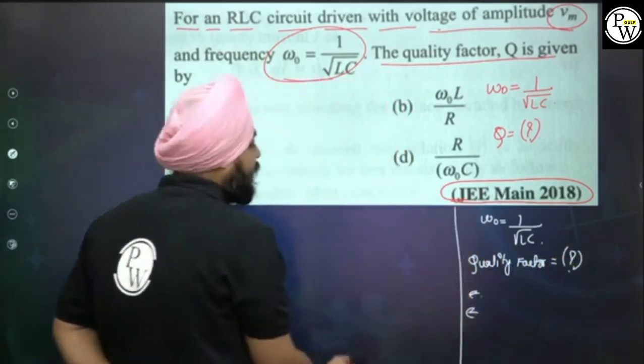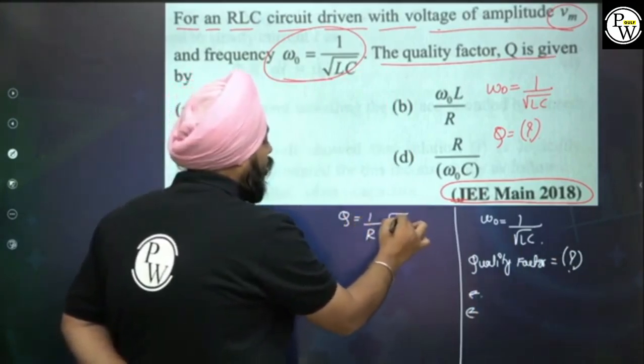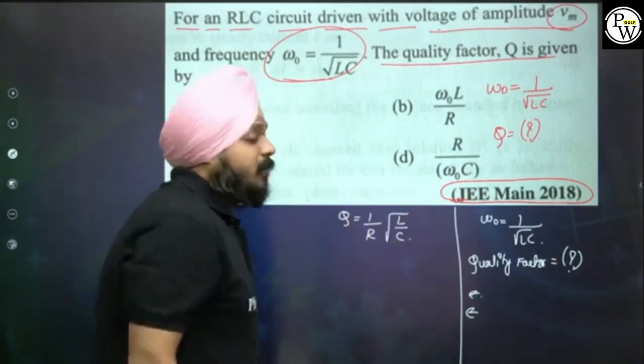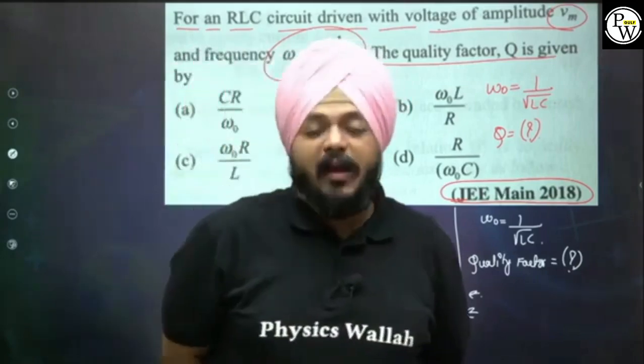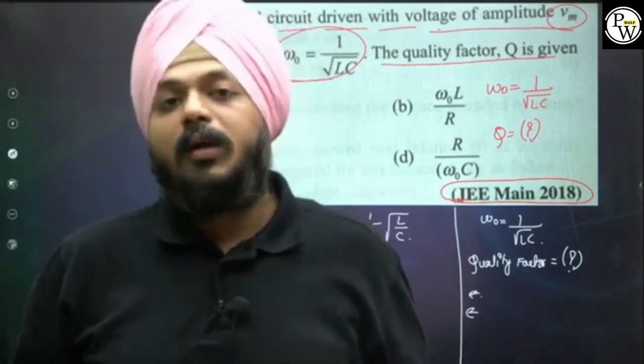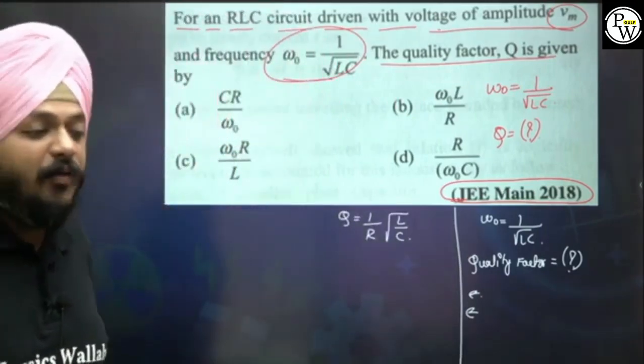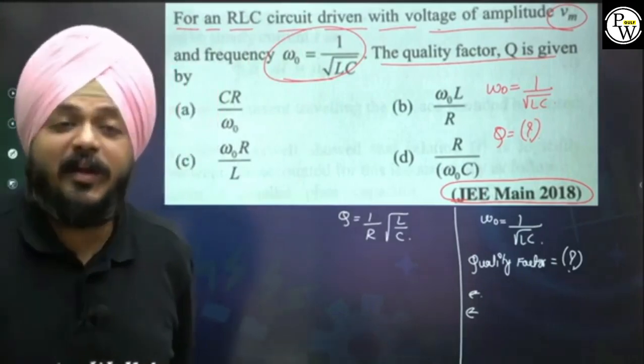It reminds us the quality factor is nothing else but 1 by R under root of L by C. The greater the value of the quality factor, the maximum output you get, and your circuit is well connected with the appropriate values.